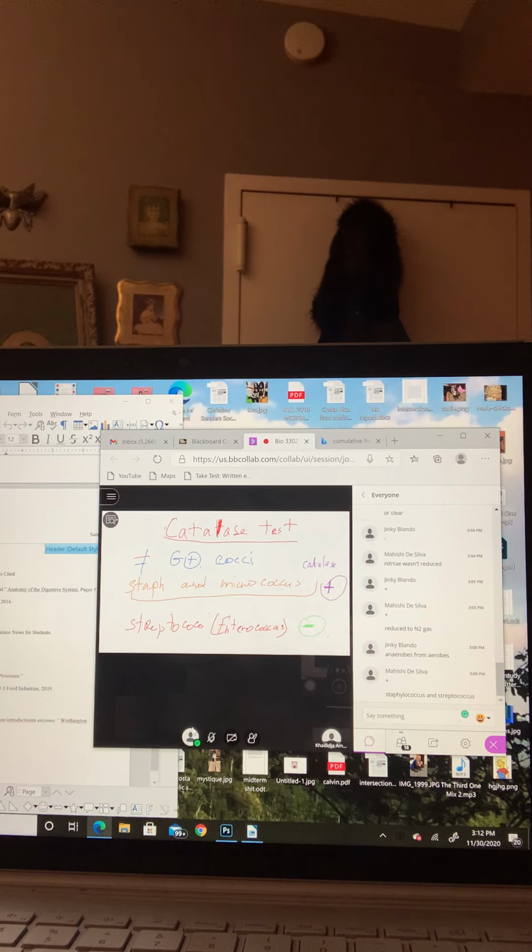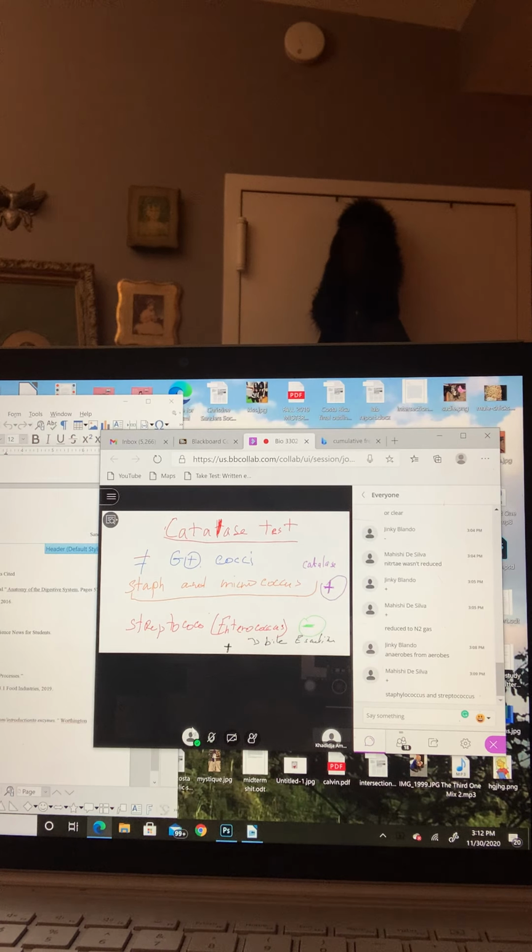So the catalase test can differentiate between the gram-positive cocci. For the Enterococcus, we can use a test we talked about, the bile esculin. Yes or no? We talked about the bile esculin that can differentiate the Enterococcus. So the bile esculin for Enterococcus is positive.